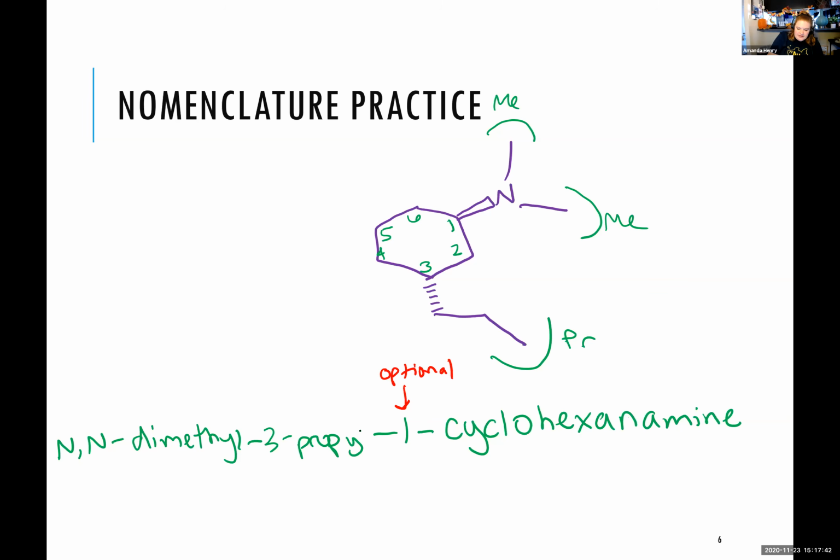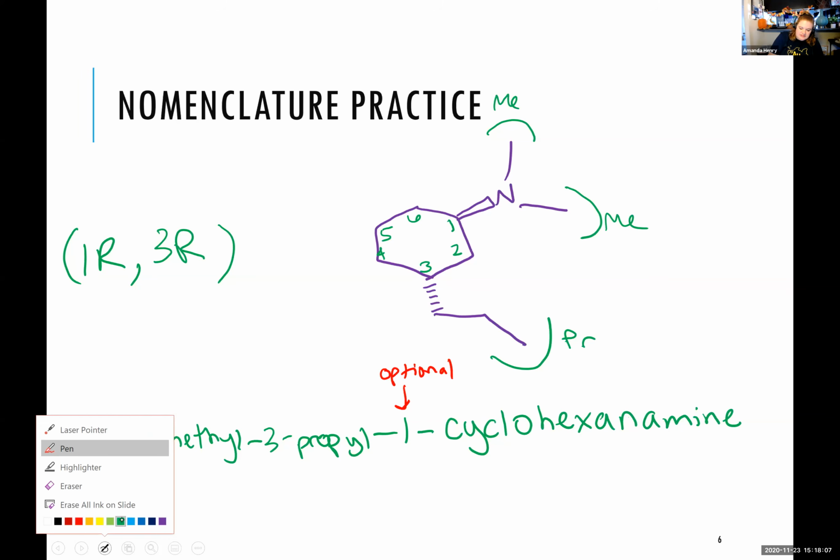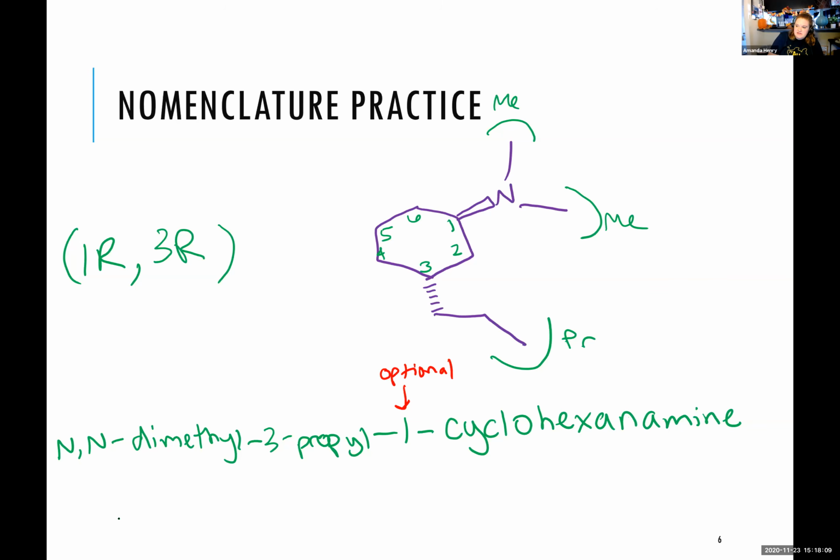And then what do I need in the very front of the name? What am I forgetting? You're going to need a 1R and then a 3R. So we're going to check to make sure that that's right before I circle it and sign off on it. But what's another way to say this that takes a lot less work?